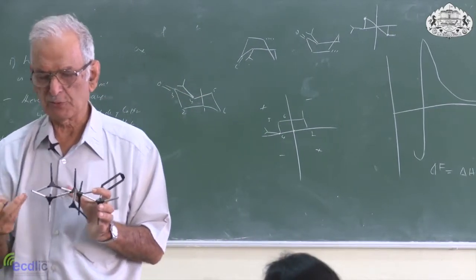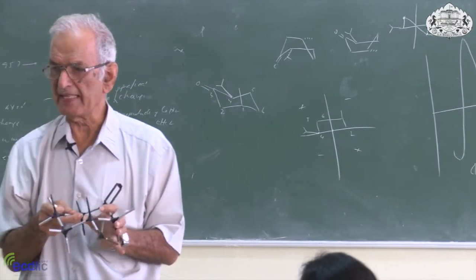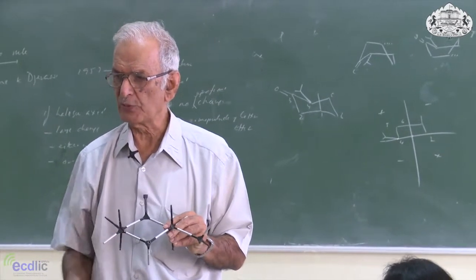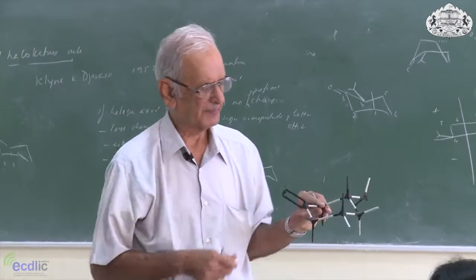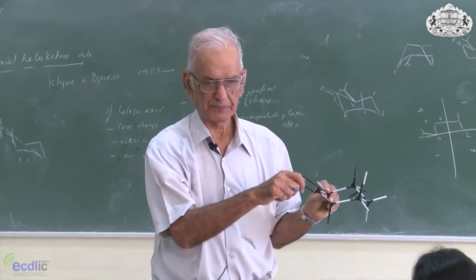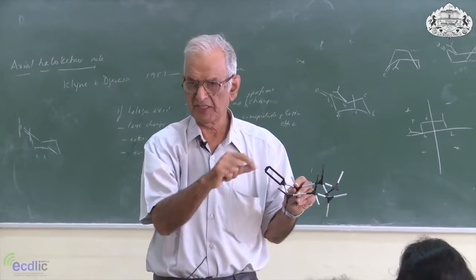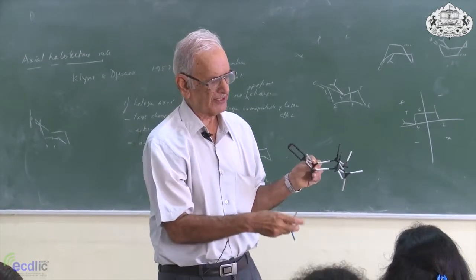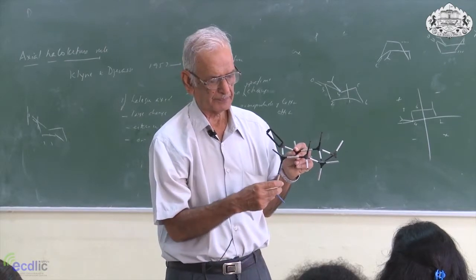Why did I take the Octant rule first? So I can explain this axial haloketone rule from this example. So that's your picture. If it's on the right, what will happen?